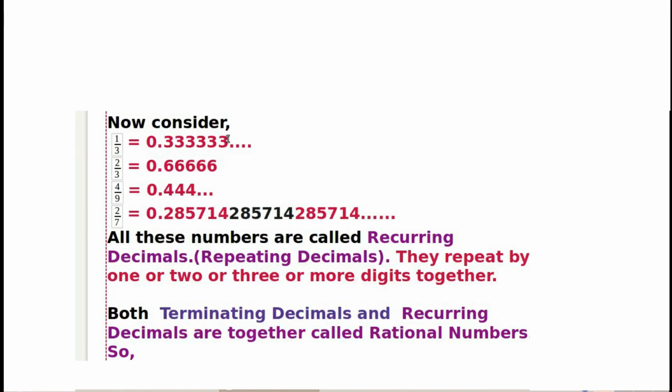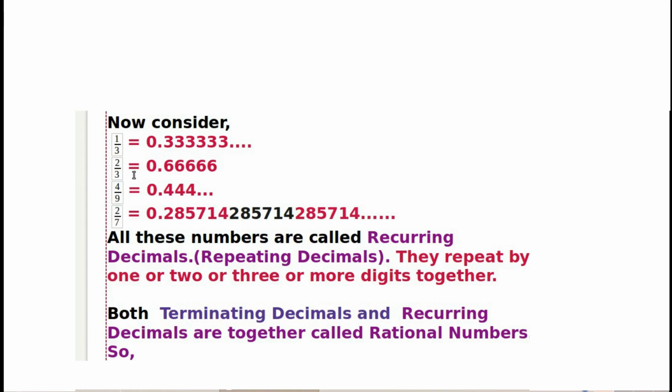Now, consider the fractions 1 by 3, 2 by 3, 4 by 9 and 2 by 7. 1 by 3 we can write as 0.333 etc. 2 by 3 is 0.666. 4 by 9 is 0.444. It is repeating.